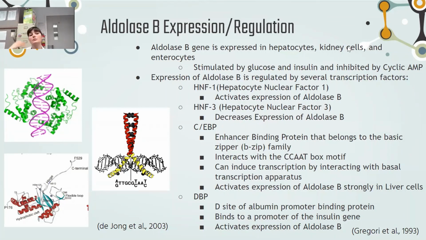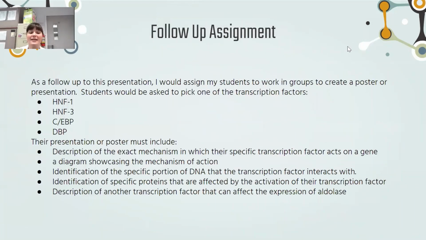And in so doing, let's say with HNF1 and HNF3, if those stimulate glycolysis or decrease it from happening, then that will also affect aldolase expression, since aldolase is part of that process.